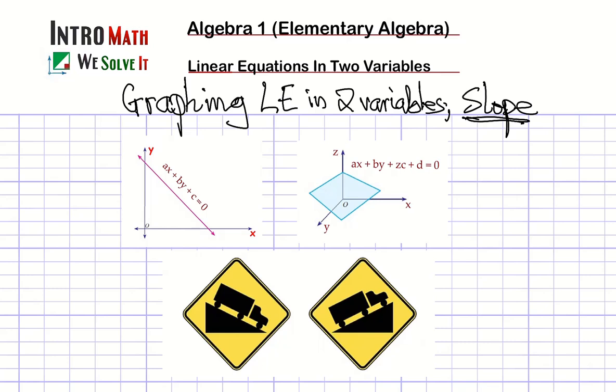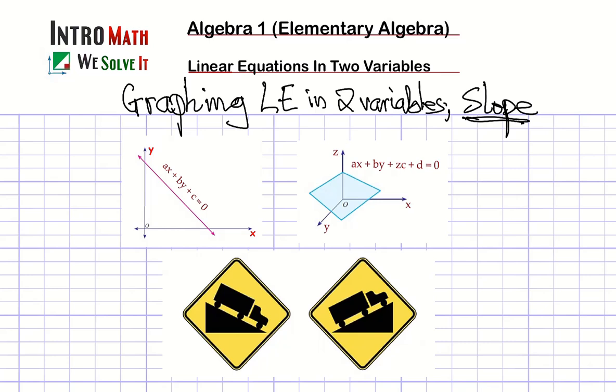That sign just shows you that the slope on the road steeps downward, right? And the truck on the right hand side shows you the road steeps upward. So that's where you get the idea of slope. That's how they describe slope. It either steeps up or steeps down. The slope is either going up or coming down.